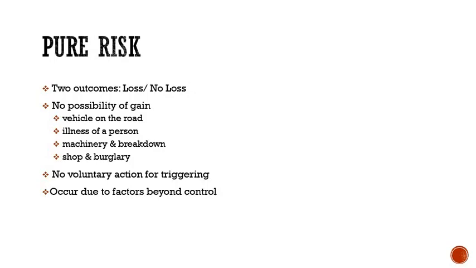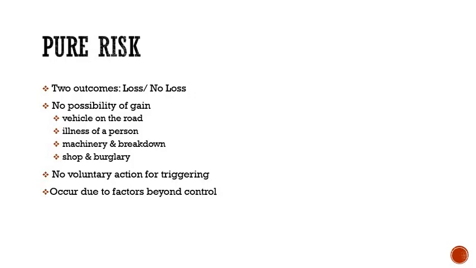Now, pure risks are situations where there are only two outcomes, either loss or no loss. There is no possibility of gain. Take, for example, the following situations. A vehicle on the road may reach its destination, in which case there is no loss, or might meet with an accident, in which case there is loss.